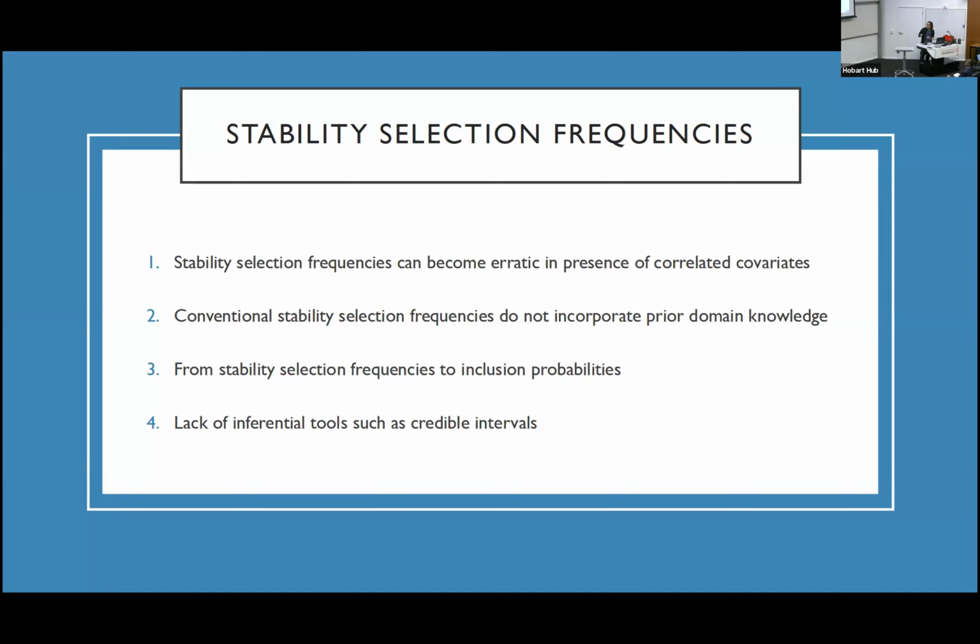So we enhance these frequencies to inclusion probabilities using Bayes theorem and Bayesian tools in order to bring prior domain knowledge into the decision-making process about variable selection. And there is a lack of inferential tools such as credible intervals for these frequencies. So in response, we offer Bayesian credible intervals to quantify the uncertainty around these frequencies.